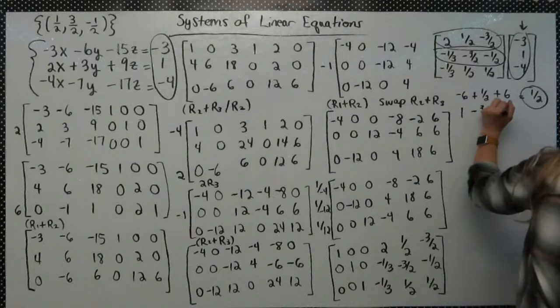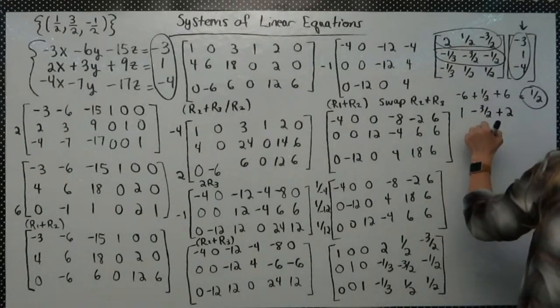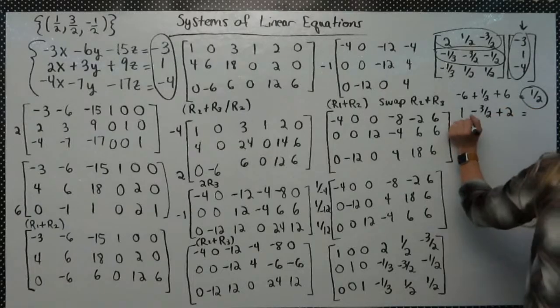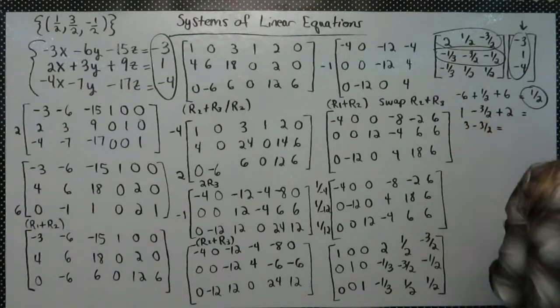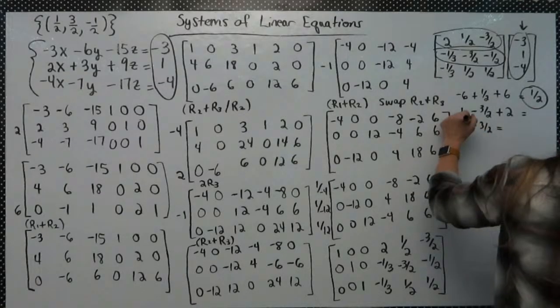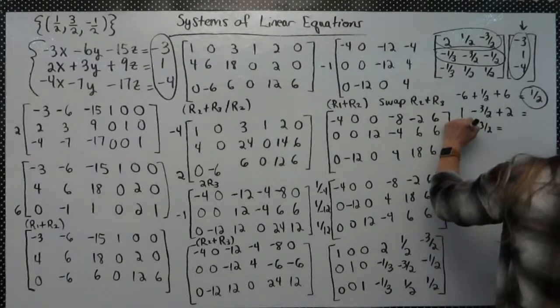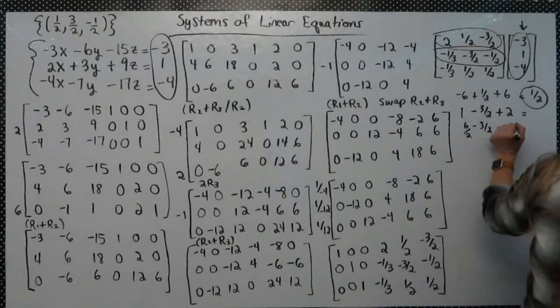So we have 3 minus 3 halves. We'll change 3 into an improper fraction. That's 6/2. And so that's going to give me a positive 3 halves.